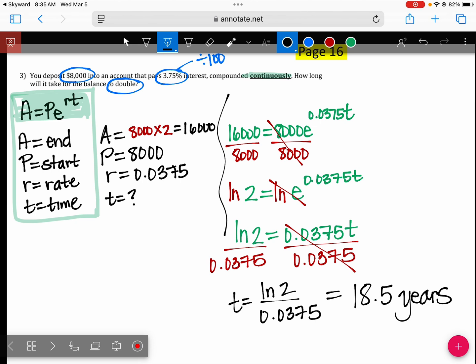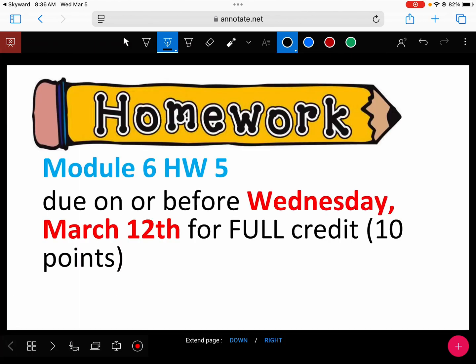All right, so let's look at our homework real quick. First thing first, homework 5. Can you write the due date, because we got a couple e-learning days in between. Tomorrow is the SAT for juniors only, and then next Tuesday we have professional development, which is also e-learning. So because of that, homework 5 is not due until Wednesday.